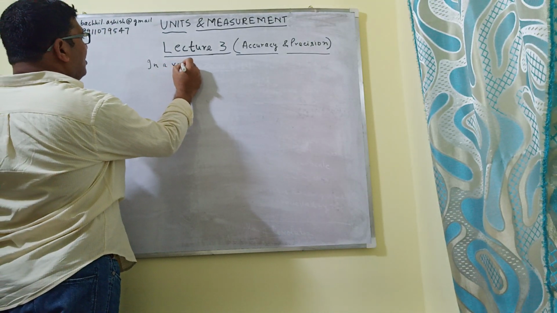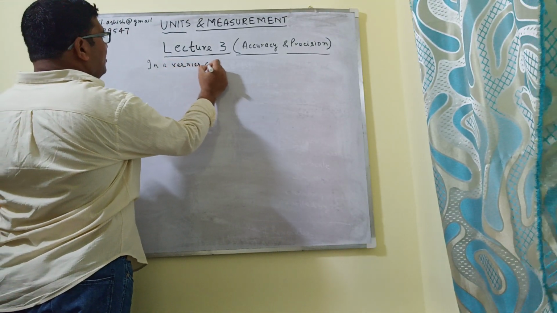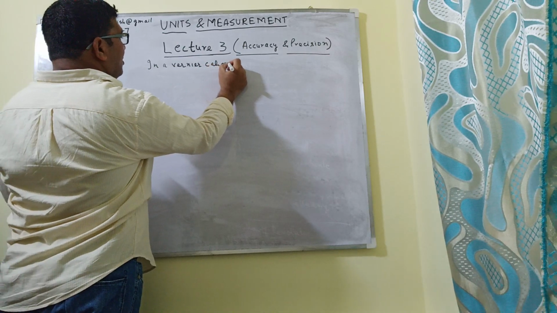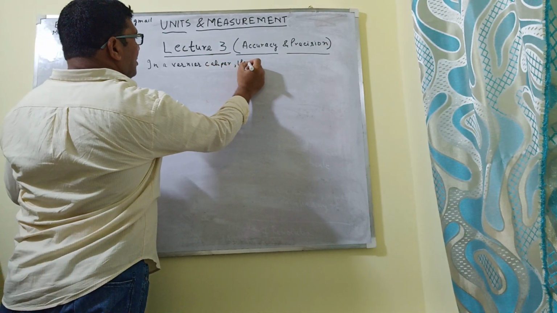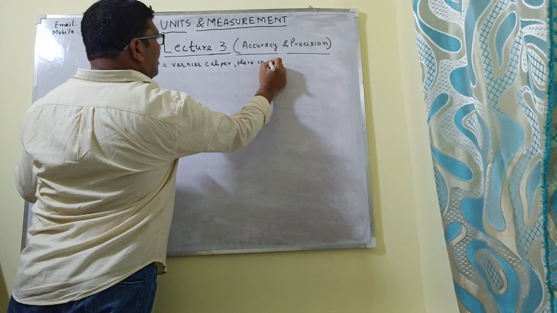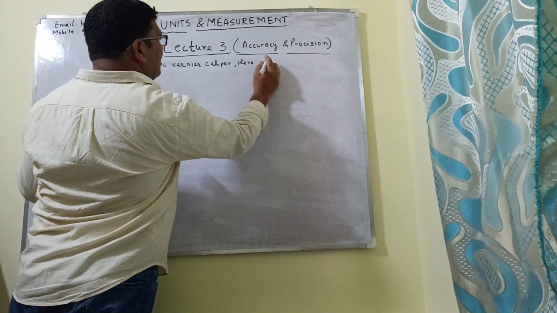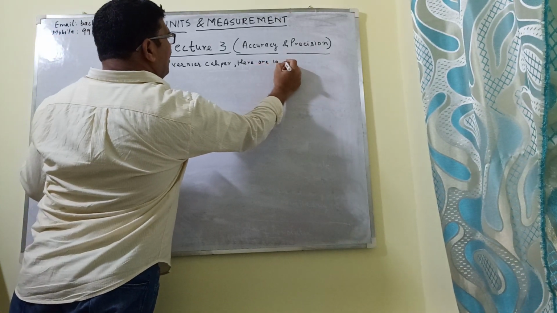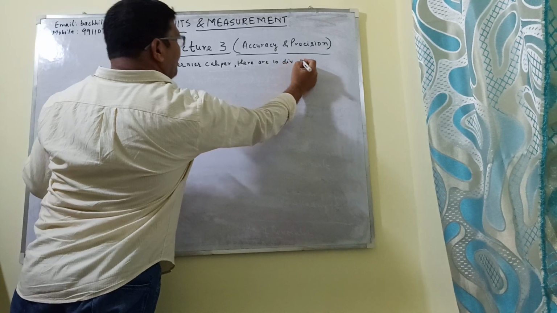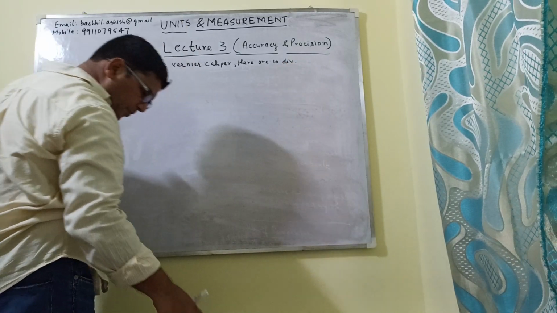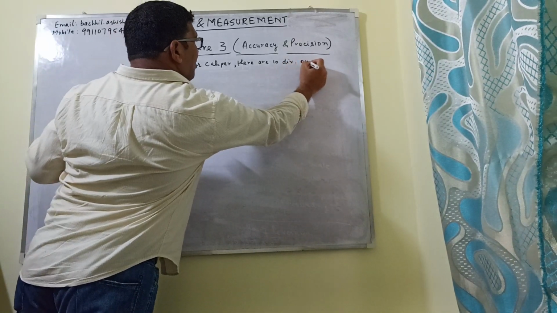In a vernier caliper there are 10 divisions on the vernier scale.